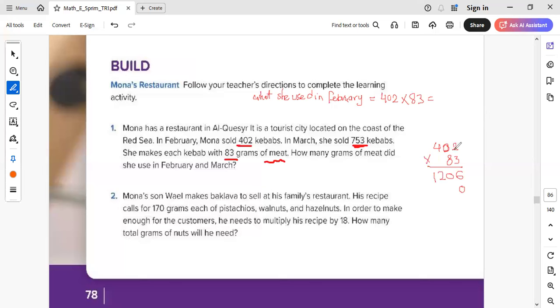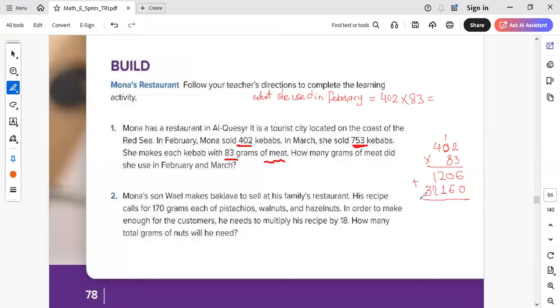So we multiply now 402 by the tens digit, which is 8. So we multiply 2 by 8 equals 16, 6 and carry 1. 0 multiplied by 8 equals 0 plus 1 equals 1. 4 multiplied by 8 equals 32.